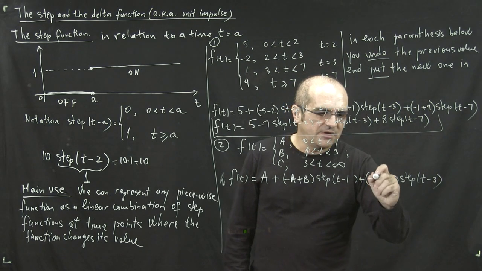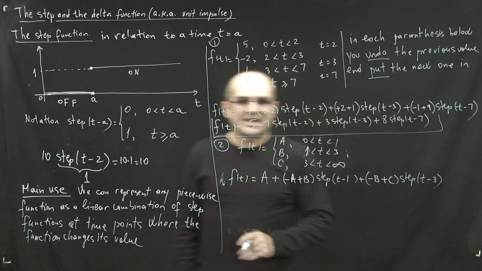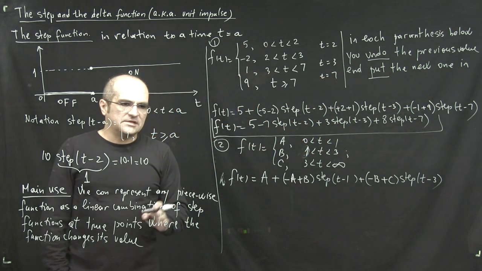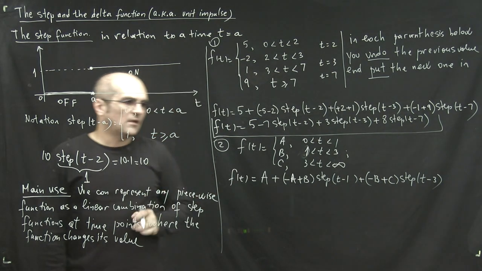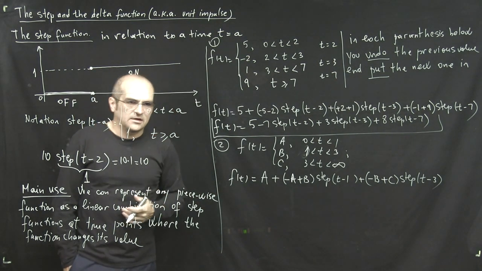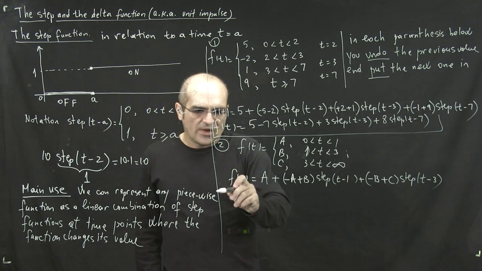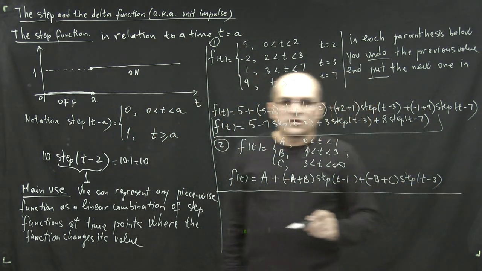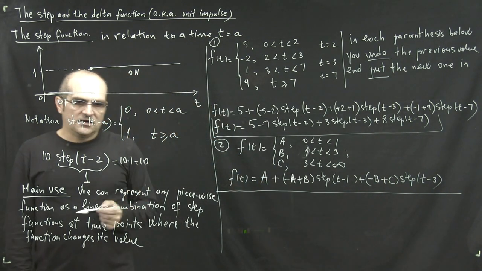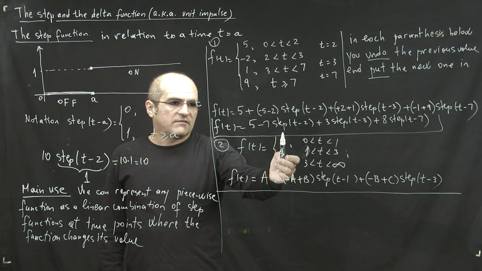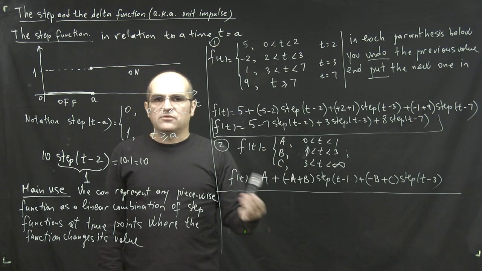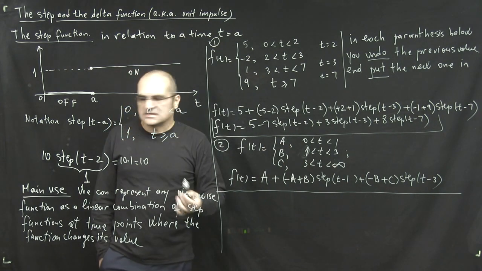Here it will be minus b plus c. That's the main idea for all of these types of problems when you write the function as a combination of step functions. And one thing to keep in mind, you don't have to have constant values for the function. These values can depend on t, but the principle remains the same.